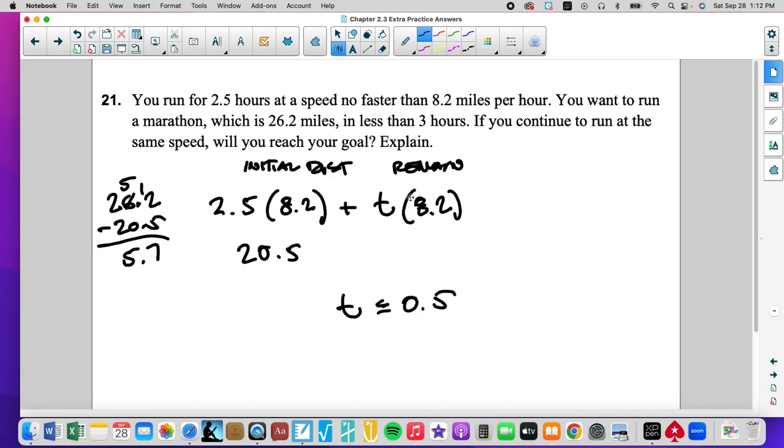So I have 0.5, and I'm going to run at 8.2 miles per hour. So this would give me my speed and distance that I can cover. That distance needs to be less than or equal to this, the mileage left, 5.7.